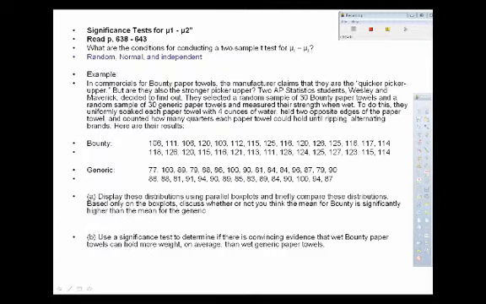Here are the results. Display these distributions using parallel box plots and briefly compare these distributions. Based only on the box plots, discuss whether or not you think the mean of the Bounty is significantly higher than the mean of the generic.